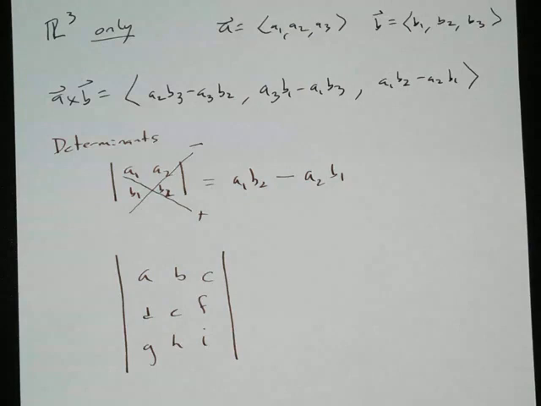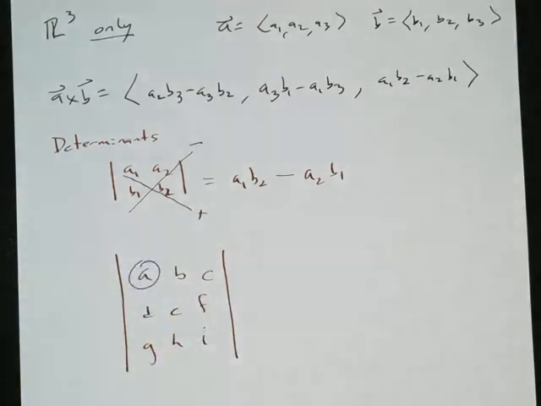And if you've taken linear algebra, you know what that means. And if you haven't, I promise I'll explain it there. And if you're not going to take that, just trust me on this, it works. But I pick a row or a column, and for this course, I'm going to use the top row 99.9% of the time. So I say, let's start in the top left corner. Get rid of that row and that column, and you will be left with a 2 by 2 submatrix, won't you? That's called the minor.